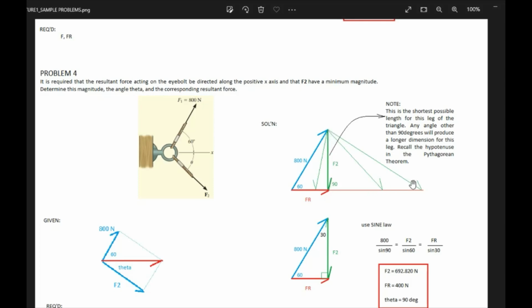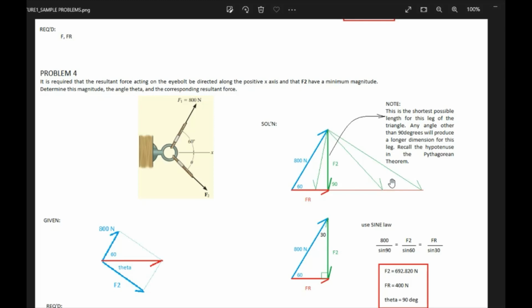If this is our triangle, nasan yung 90? Ito, di ba? So, yung opposite niya, lagi yan yung longest side. Pero, yung other two sides would always be shorter than the hypotenuse. Diba? So, kung si F2 mo, magiging hypotenuse ng triangle mo, mahaba talaga yon, hindi yun minimum.